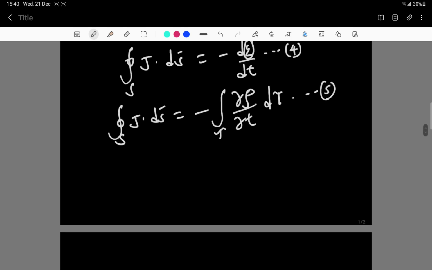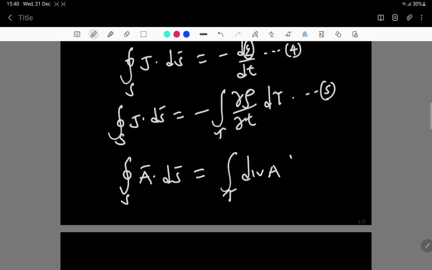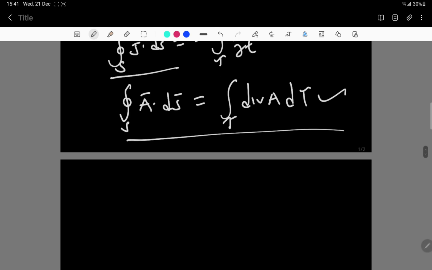So we have, this one right here is the Gauss's divergence theorem. Now, using this one, we can transform this part of the equation from surface integral to volume integral.